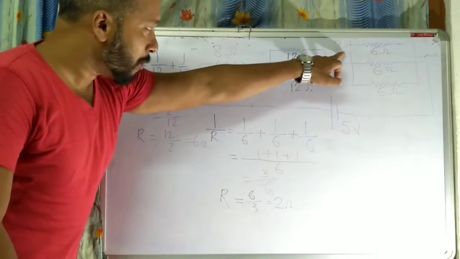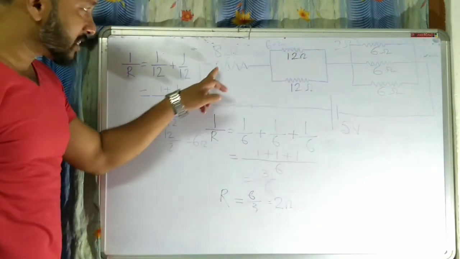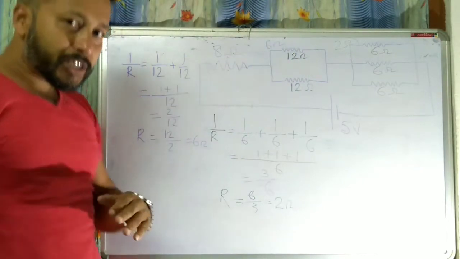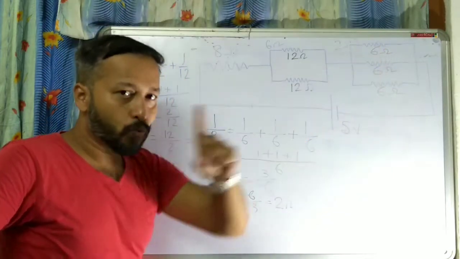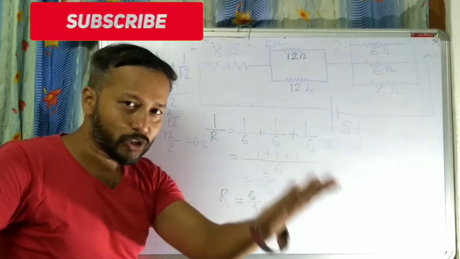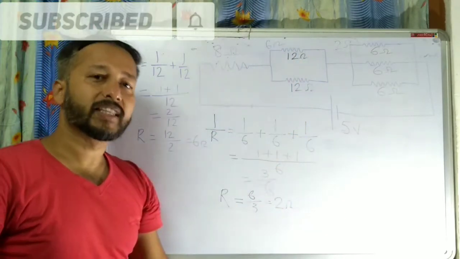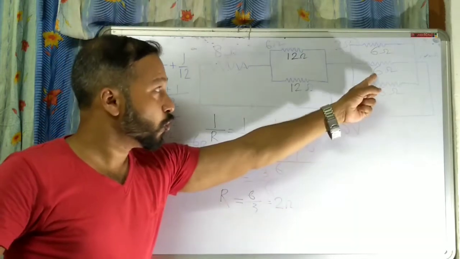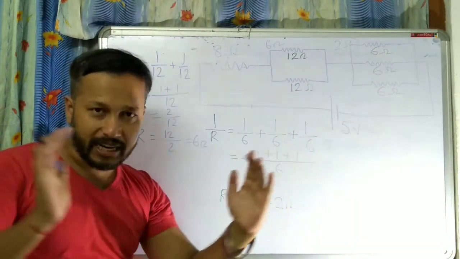So this is 2 ohm, this is 6 ohm, and this is 8 ohm. Now just think that by combining these three, there is one resistance, 2 ohm, and by combining these two, one resistance, 6 ohm. So 2 ohm, 6 ohm and 8 ohm are in series.